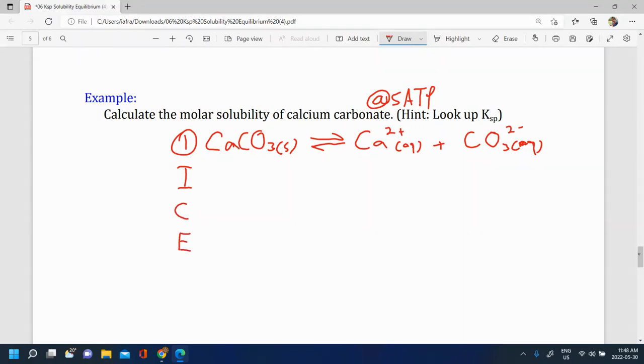So we know, for example, that over here we're starting off with 0. If we're starting with pure water, there's no ions there at all. And then we're going to have our plus x, x, and x over here. Over on this side, based on the coefficients, of course, we would have minus x.